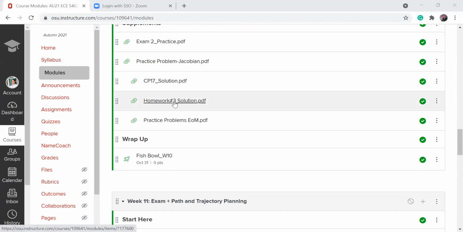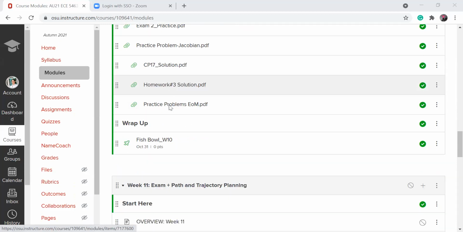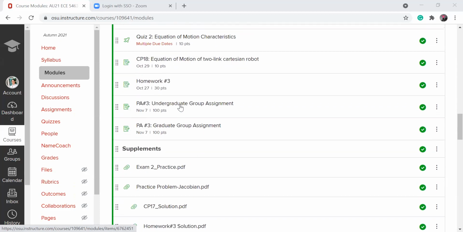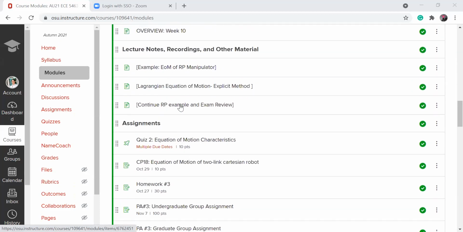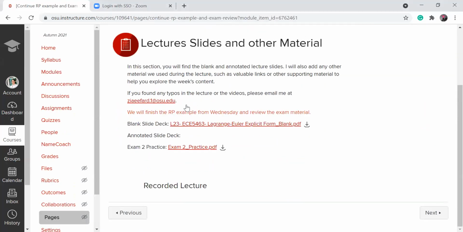The CP7 solution is there, and the homework 3 solution. It was on my file, I forgot to give you access. Here's the solution. There's also a practice problem for equation of motion, but don't worry about it now. Review it next week because you're probably focused on the exam. And in exam review, I posted the exam practice, which I'm going to talk about.